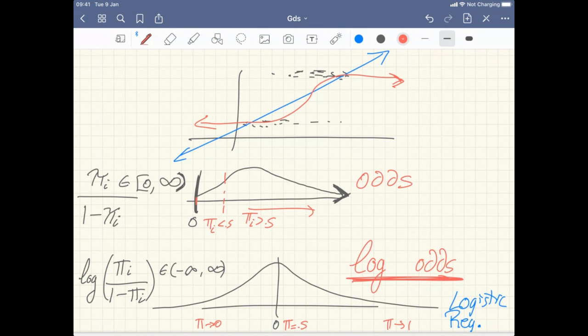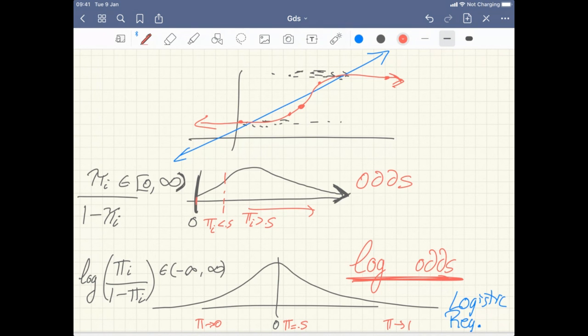In some cases, you'll still get pi, predictions of the probability of y being 1. You'll get them in a fashion close to a linear regression in some areas, but it never generates invalid predictions because of this process of converting the probabilities into odds and then log odds.